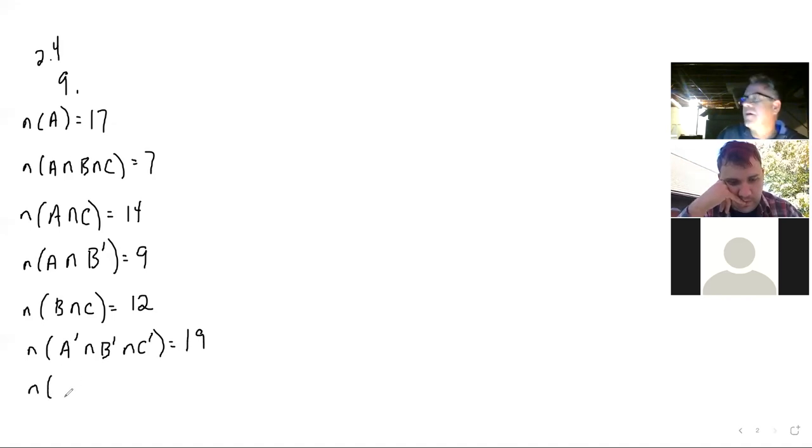Cardinality of B intersect C complement is 4. And cardinality of B union C is 36.